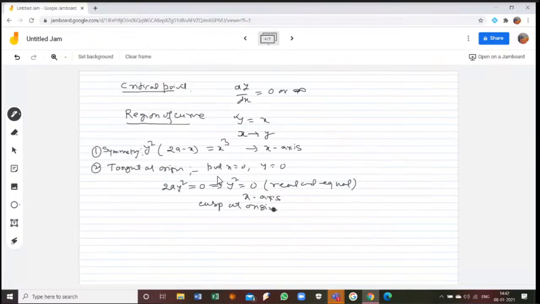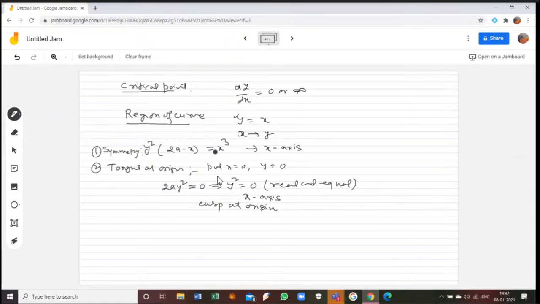Cusp at the origin. Okay, and after that now you have to find the point of intersection with the axis. If you put x equal to 0, you will get y equal to 0, or putting y equal to 0, you will get x equal to 0.